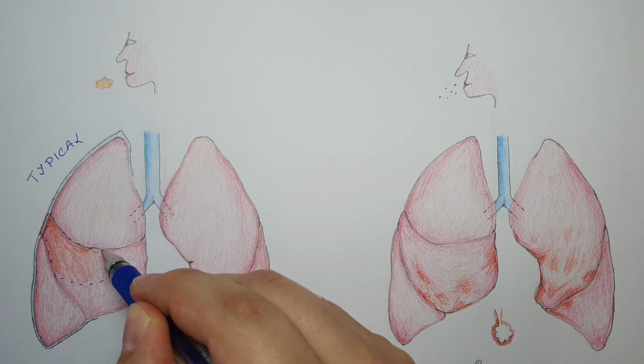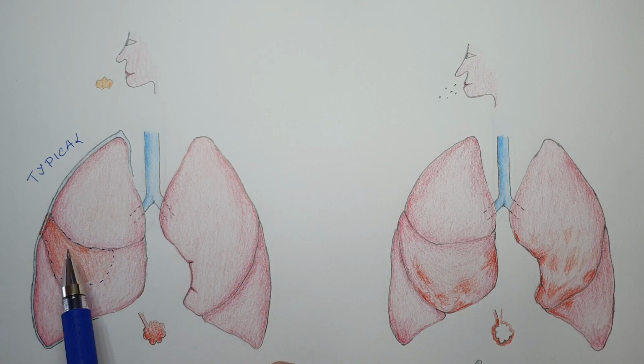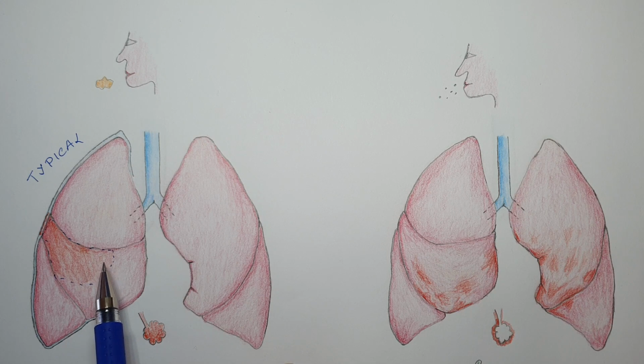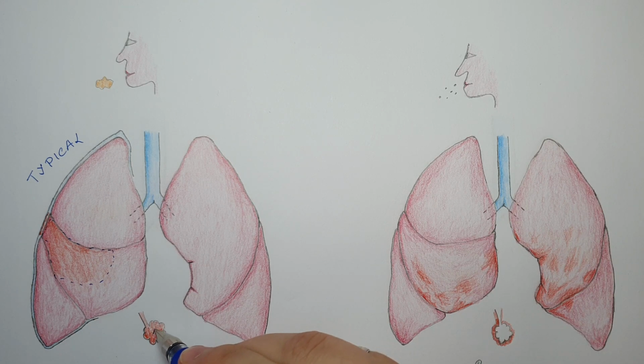This is the part of the lung tissue that is inflamed. And if we zoom into this, and if this represents an alveoli and this a bronchiole, the inflammation is happening, the exudate is in these alveoli.